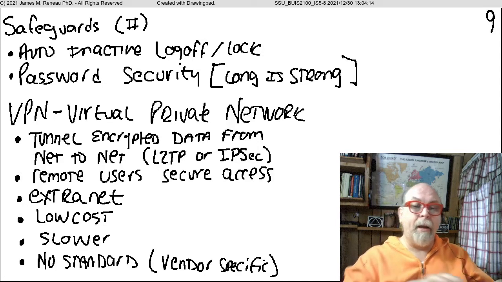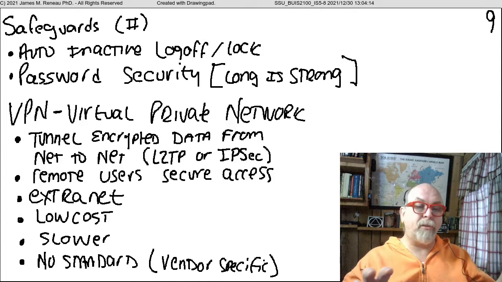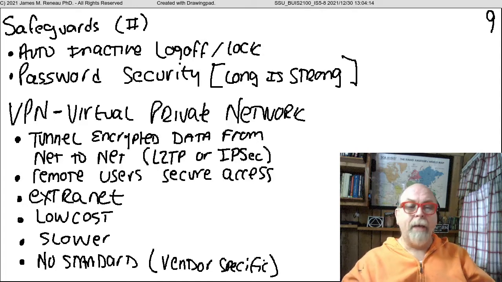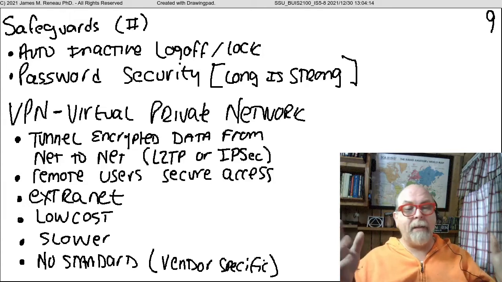So by creating that connected virtual encrypted tunnel, it extended the corporate network into an extranet. It's low cost. The packets are a little slower because they've got to be encrypted and then decrypted on both ends, but it's not that big of a deal. And it's low cost, it's easy to set up.